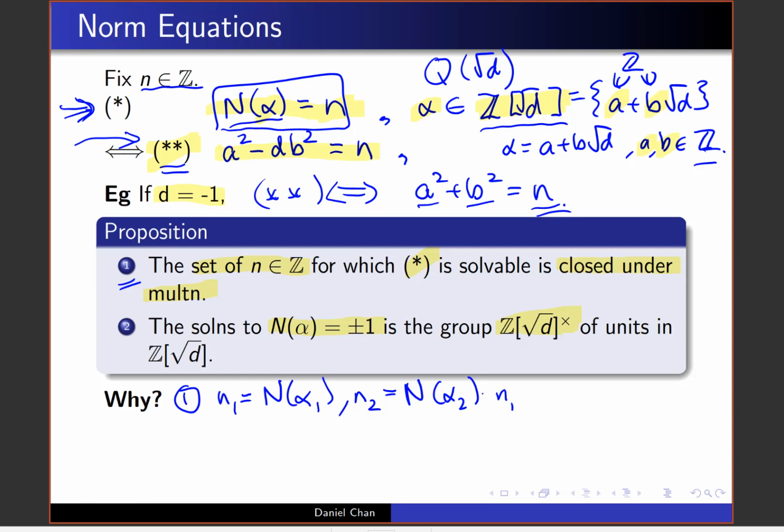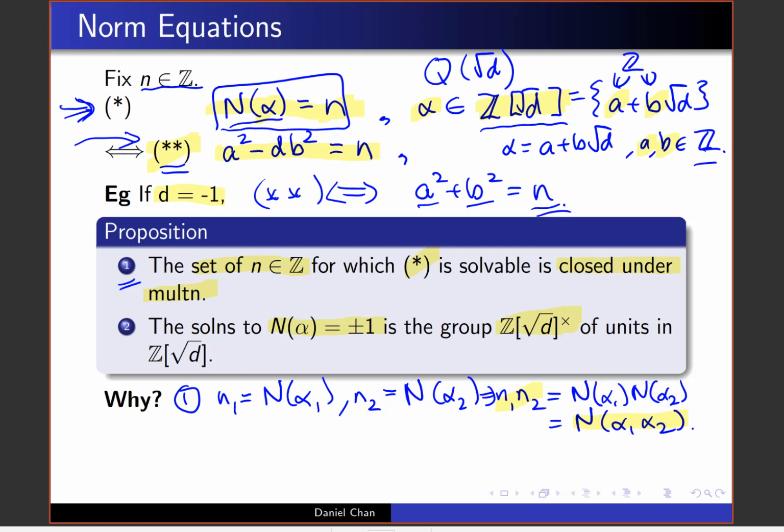Then n1 n2 is equal to the norm of alpha 1 times the norm of alpha 2. But the point is that the norm is multiplicative, so this is just the norm of alpha 1 times alpha 2. So the product here is still just a norm. Okay, so it solves the equation. You can solve the equation here.